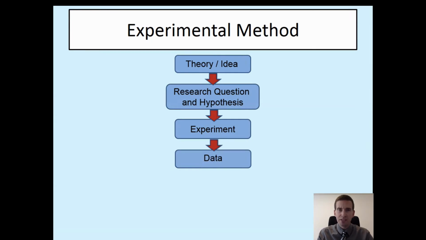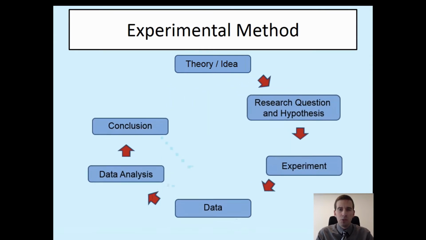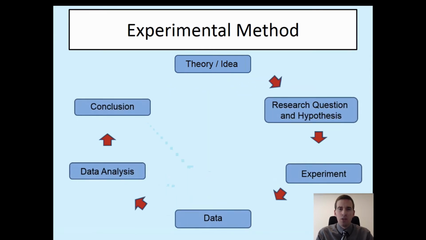This will give you data, you then need to process this data, analyze it, which should allow you to draw a valid conclusion. So this is the basic experimental process. Now hopefully you'll remember that this can also be looked at as a cycle, because remember, once you have drawn a conclusion, this could potentially feed back into the original theory, or it could help to develop a new theory.